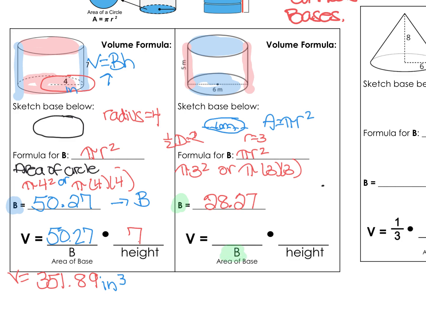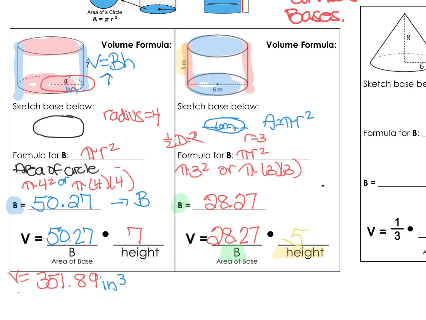So I'm going to go into my volume formula, my big B. I'm going to type in my 28.27, and I'm going to multiply this to my height. And we already said here height connects the bases, so my height is 5. And now let's plug this into our Desmos calculator.